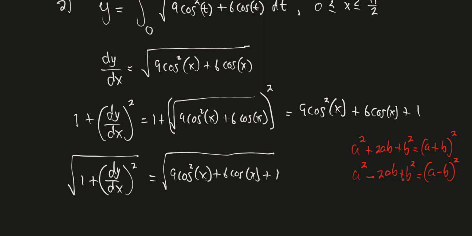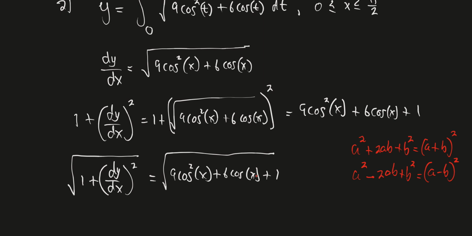So basically, the way you can check to see if a trinomial is a perfect square, the middle term has to be equal to 2 times the square root of the first term times the square root of the last term. And that's exactly what we see here.